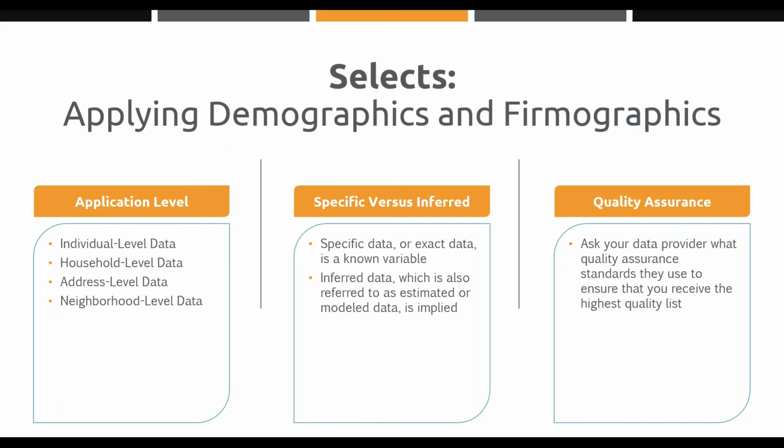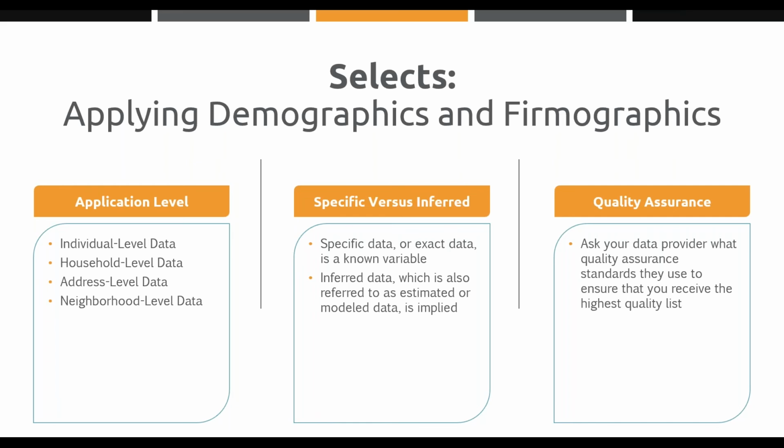Now, another thing that you need to consider when you're working with demographics is, is it specific or is it inferred? So let's talk a little bit about what that means. So when we say specific data, we mean it is exact, it is factual. So my age, unfortunately. That is an exact level, your date of birth information. That is specific, it is exact.